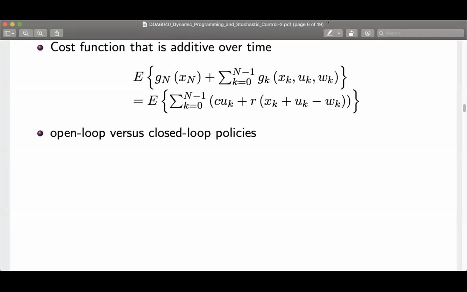Can you see it now? Oh yes. So let's continue.